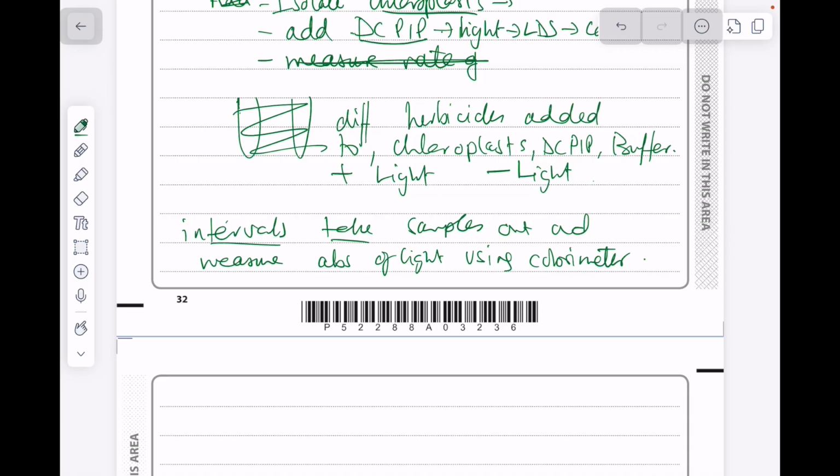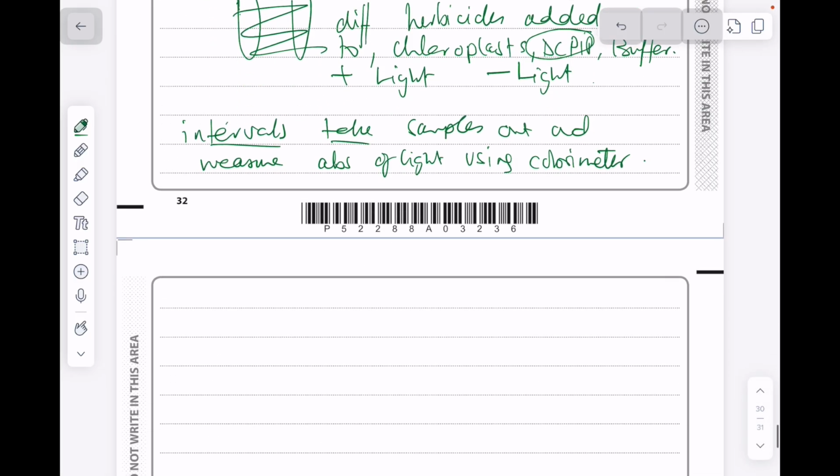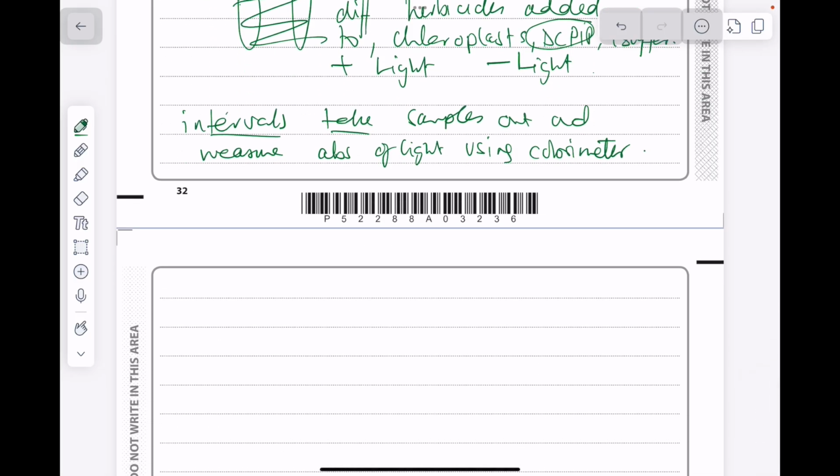Okay, so we use the appropriate filter. So if the DCPIP is blue, then we want to use a filter on the opposite side of the color wheel, say orange-red, I believe. Okay, so we use an orange-red filter. We take samples out at intervals and we measure the absorbance in the colorimeter.